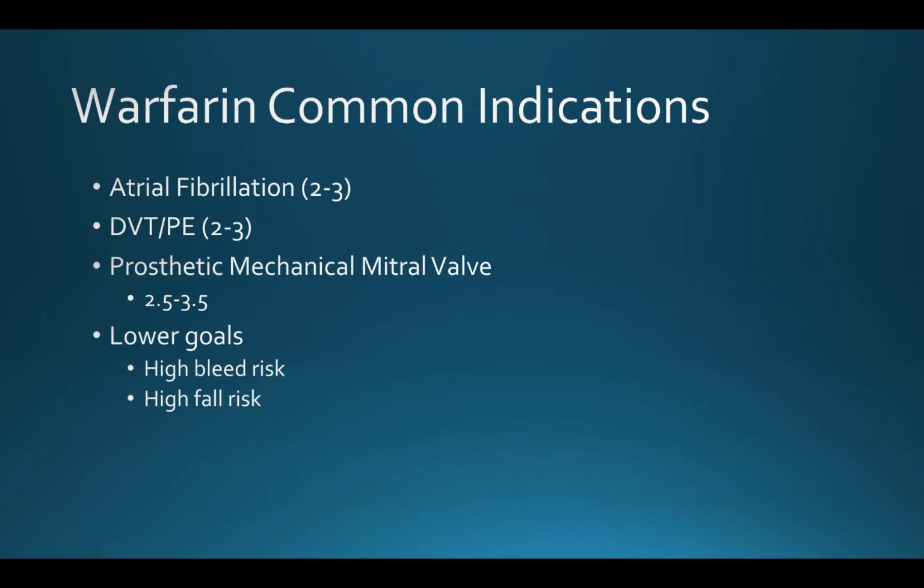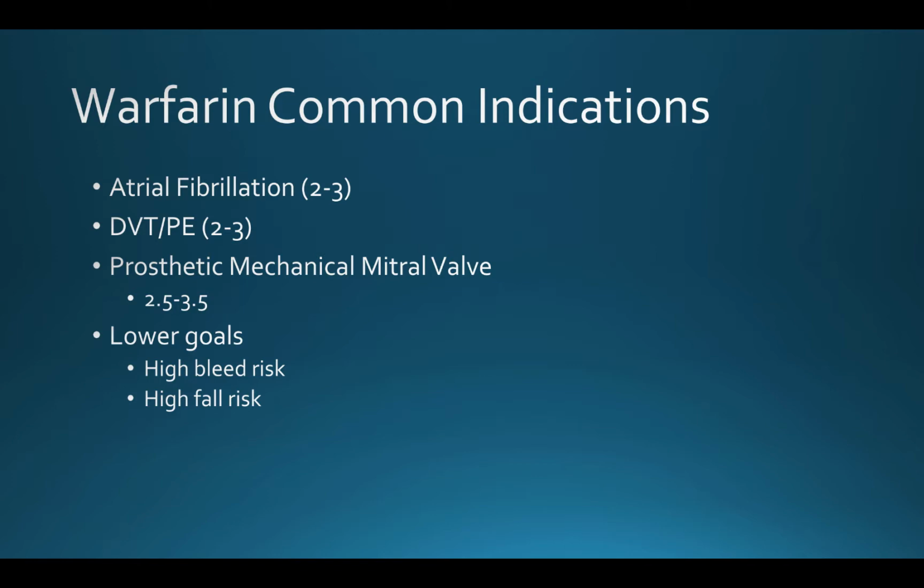In rare situations, with higher bleed risk or higher fall risk, I have seen target INRs of 1.5 to 2.5, in that ballpark. I have seen clinicians really try to target 2 to 2.5.